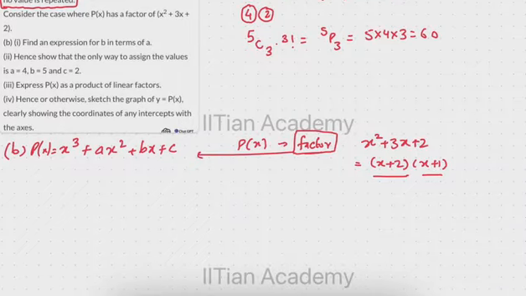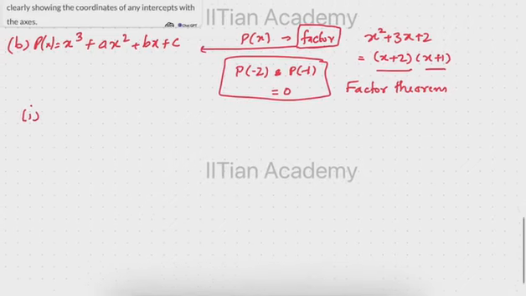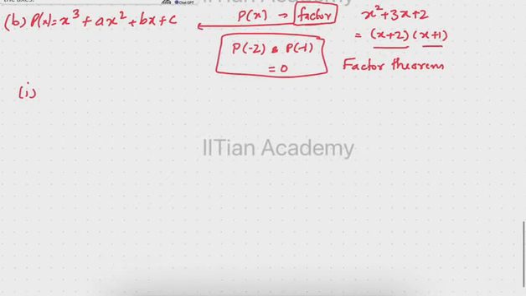So we know if these two are factors, then P(-2) and P(-1) must be equal to 0. This is what the factor theorem states. In this part, we have to identify the expression for b in terms of a.